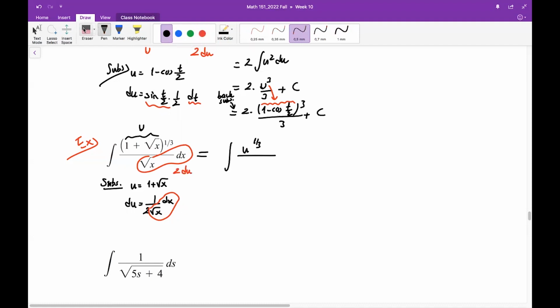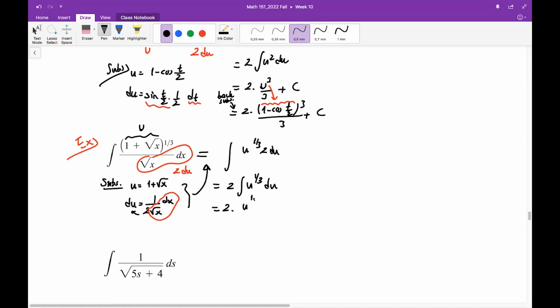So the integral can be rewritten as u to the power 1 over 3 times 2 times du. You see, 2 times du is dx over square root of x. So this substitution transformed our integral to a very simple one. It is 2 times u to the power 1/3 du, and we know how to integrate power functions.